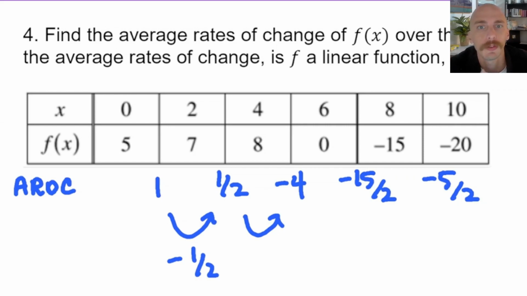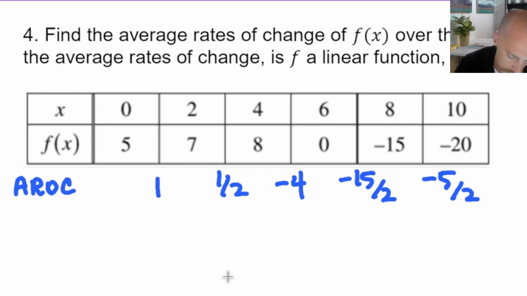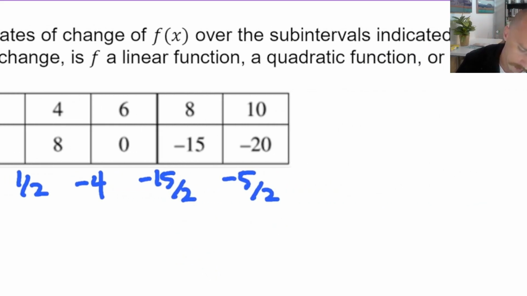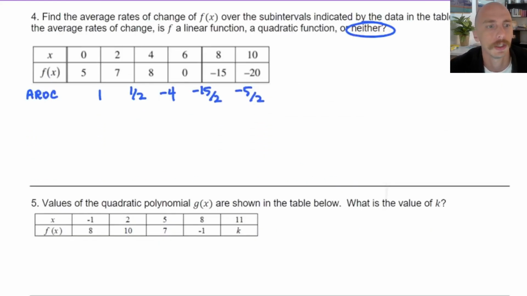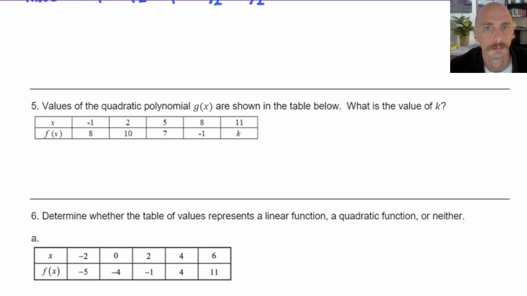That's not the same. So the average rate of change is not forming a linear pattern, therefore it's going to be neither. I did not expect this to be a neither situation, but we look at the average rate of change and we can determine that there.